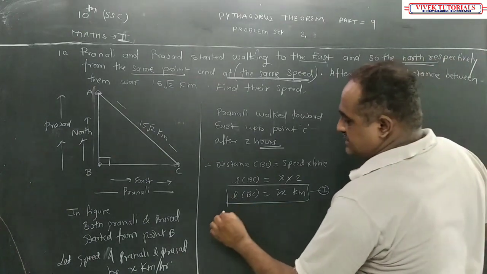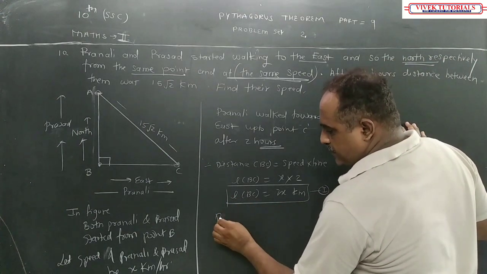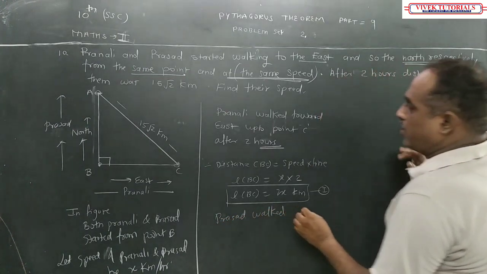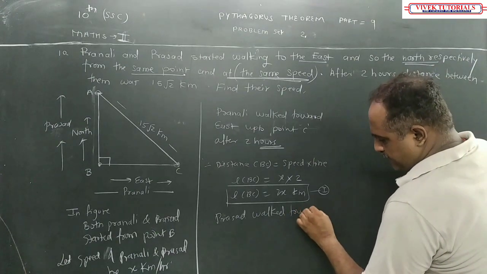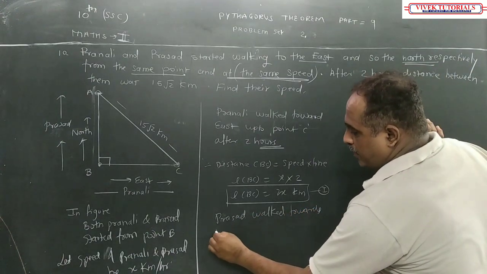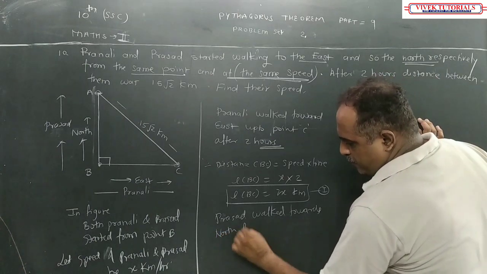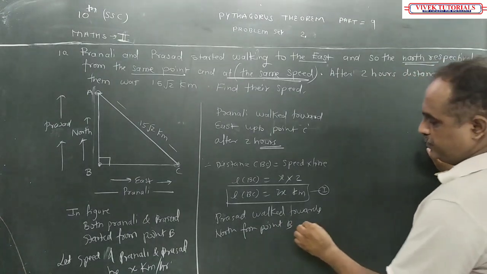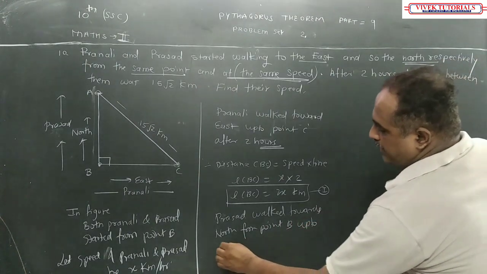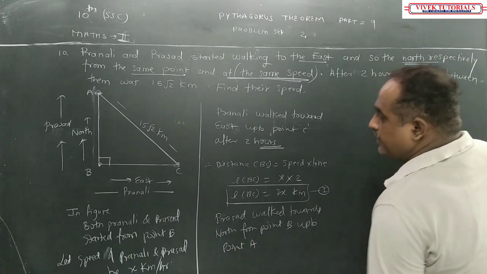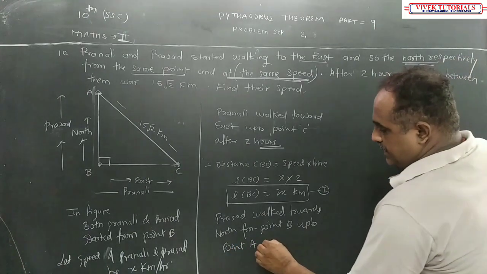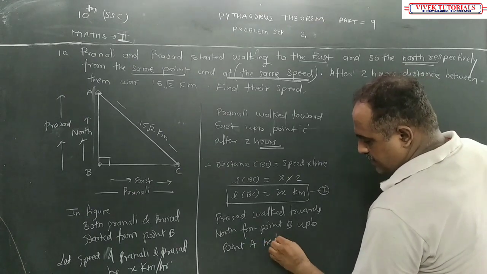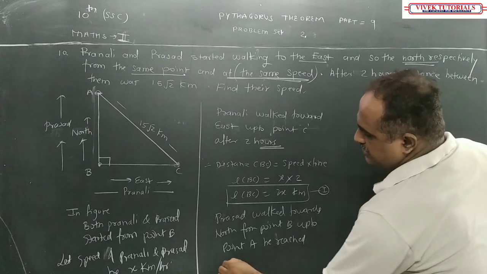And Prasad walked towards north from point B up to point A. He reached after 2 hours.